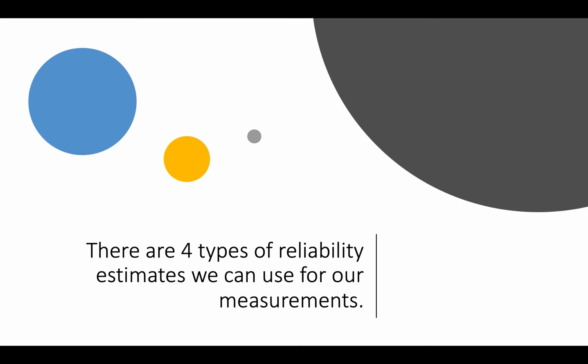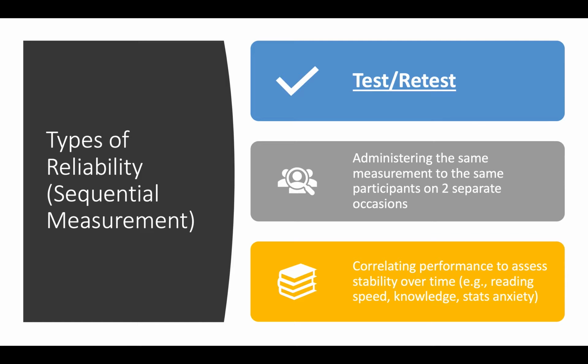There are 4 types of reliability estimates that we can use for our measures, and we're going to discuss each one in detail. So first, we have test-retest reliability, and this simply involves administering 2 measurements to the same participants on 2 separate occasions.